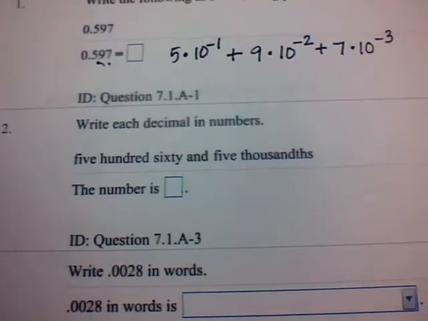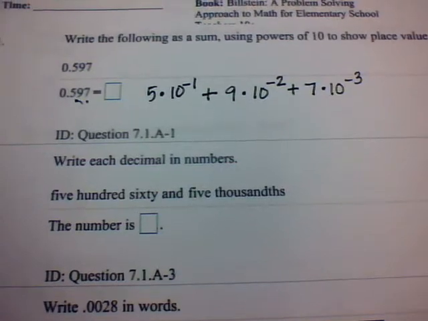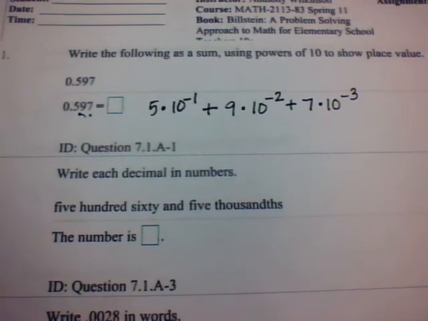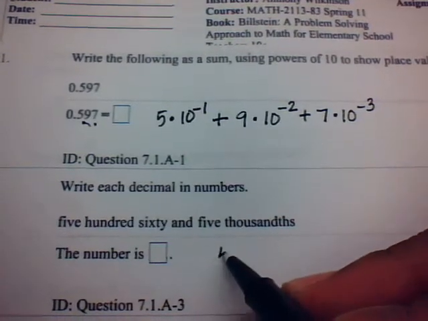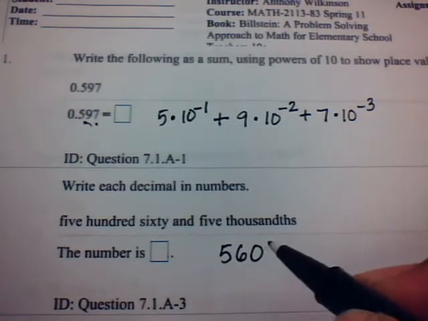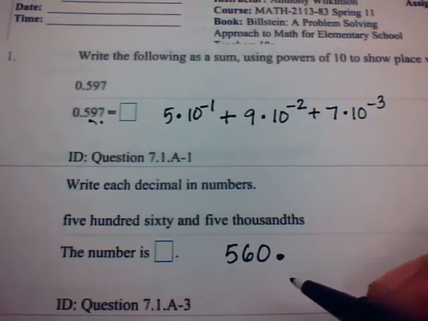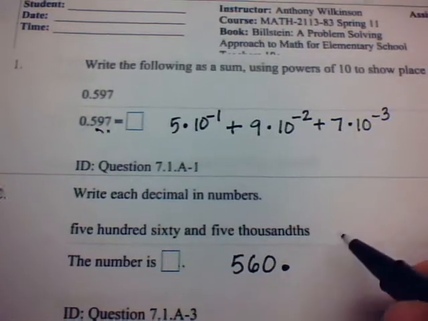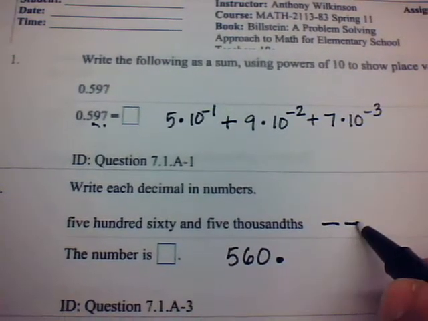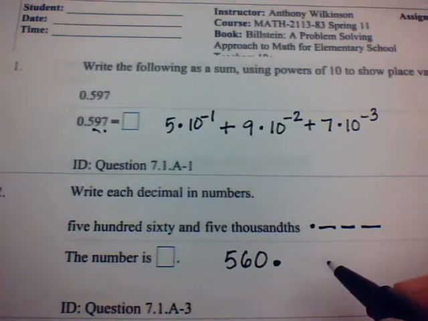All right, problem number 2 is to write each decimal in numbers, like 560 and 5 thousandths. Well, the number 560, we can write that as 560, and the word "and" represents your decimal point. Now, the word 5 thousandths, we need to write 5 thousandths with 3 numbers behind the decimal point.